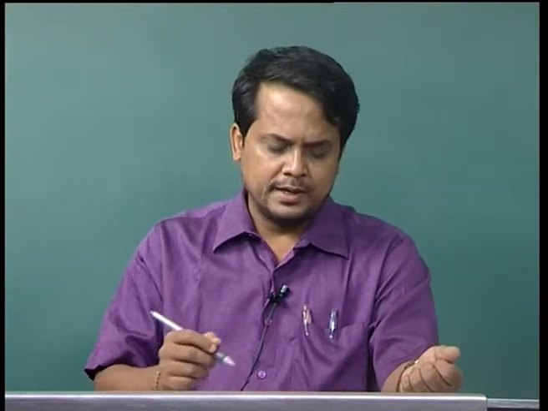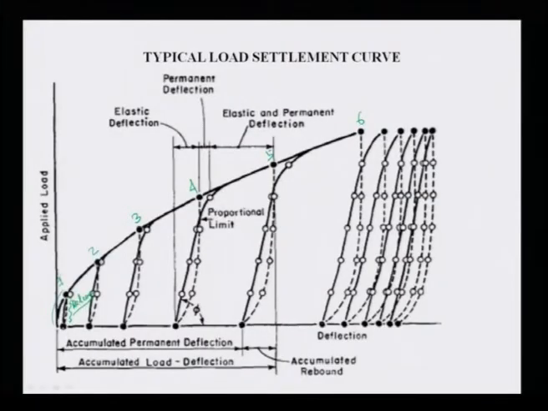Then next increment of load you apply, increasing up to 2, and it will proceed along this path. That means first increment of load 1, then it has been unloaded. Once unloaded, in the second phase you reload it up to the second increment, that is 2 kg per cm square.